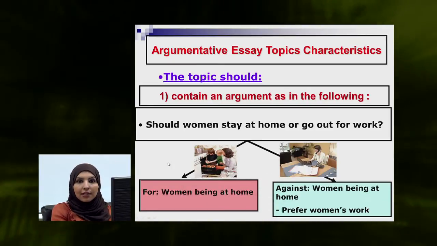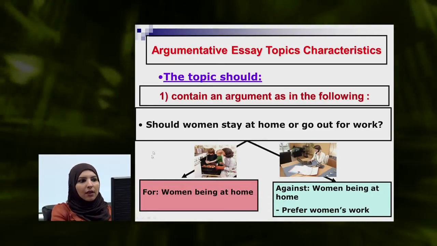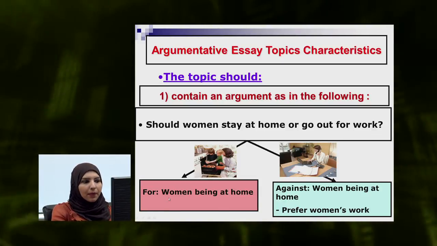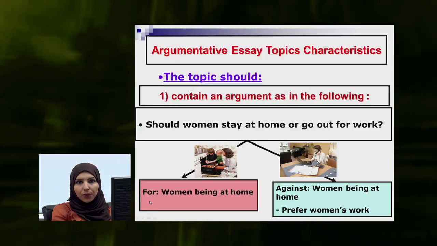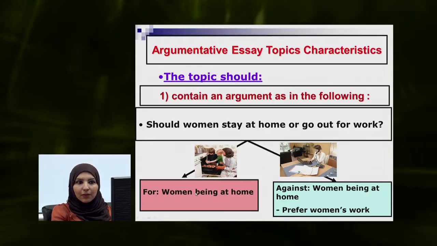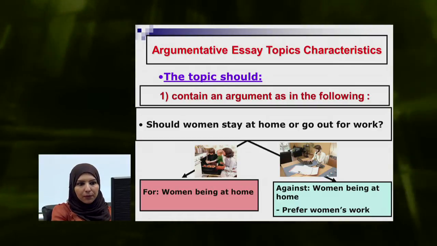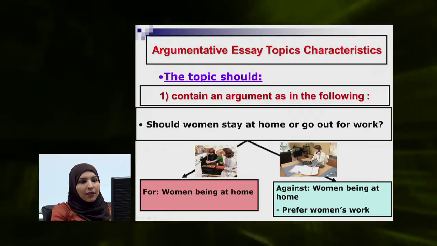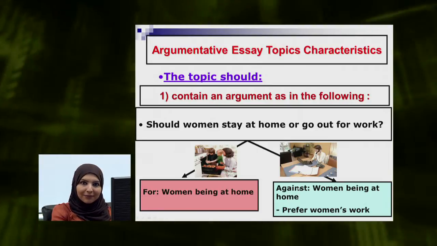Once we analyze this topic, we'll find out that people will be divided into two groups. Some people will be for this issue, which means they will prefer women being at home. However, there are other people who are opposing it. For example, they prefer women's work.